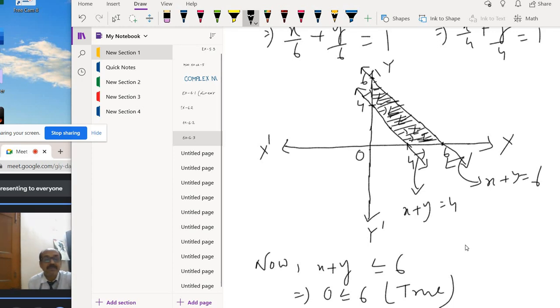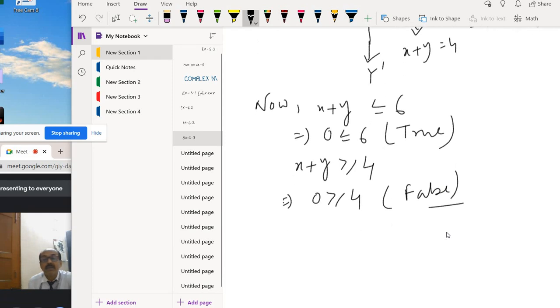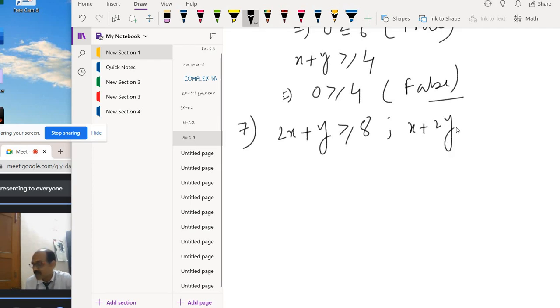Okay, it's clear. Yes, sir. Next, question number 7. 2x plus y greater than or equal to 8, and another equation, x plus 2y greater than or equal to 10.